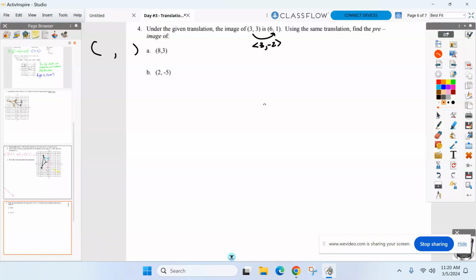So if you haven't already, try to think about that. Hopefully the directions were clear now. I'll give you some time. What was the starting point for me to end up at 8-3 and for me to end up at 2, -5? So what point did I start at? The pre-image. Nice little honors level question, huh?